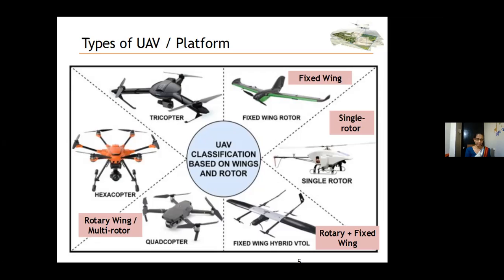It takes off vertically and lands vertically, so you don't need a big runway for landing or take off for this type of drone. They give such great control over position, and they are perfect for aerial photography work. You can see here there are 3 types of rotary drones: tricopter, hexacopter, or quadcopter. Because they have a different number of copters, based on that we can also categorize them by these names.